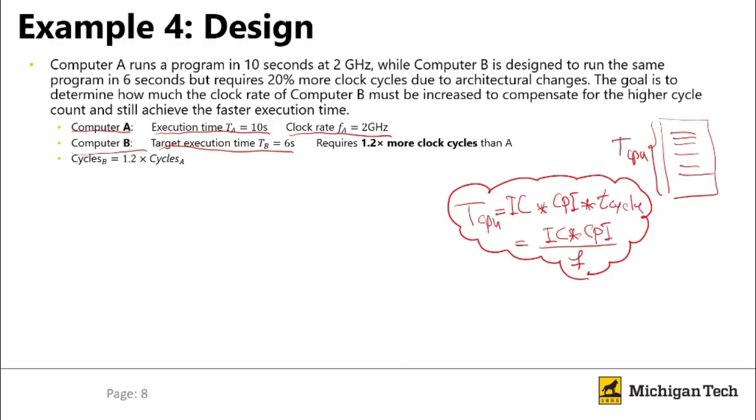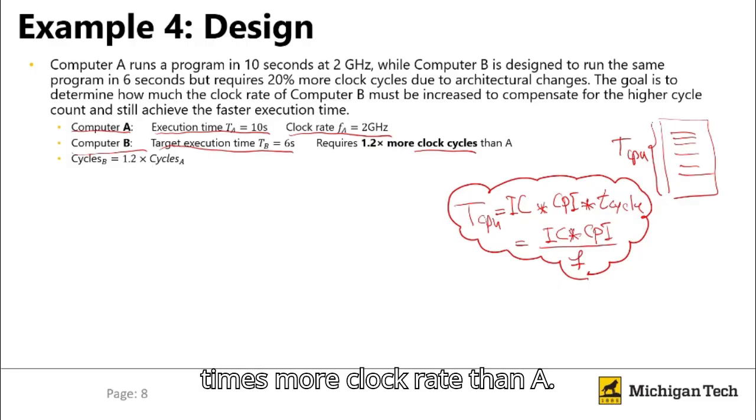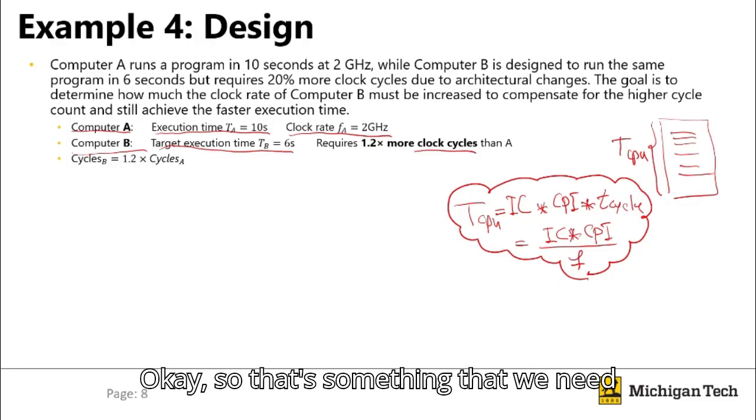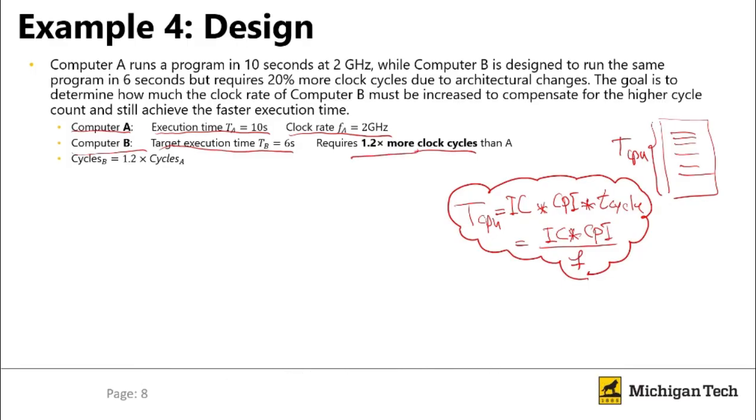And this computer has a clock rate 1.2 times more than A. So that's something we need to see what it means.